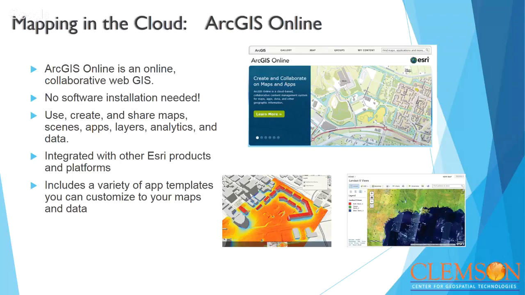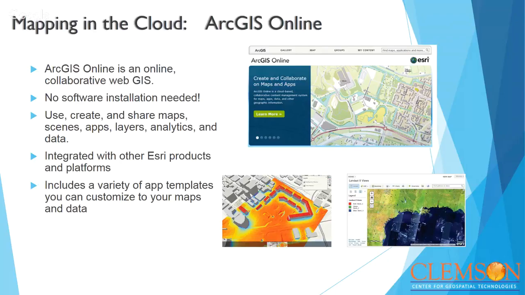You can build applications, so you can turn your maps and data into an application for a user that has some functionality to it. We'll do an example of that today with a story map, which is just one of the many different applications you can create in ArcGIS Online.